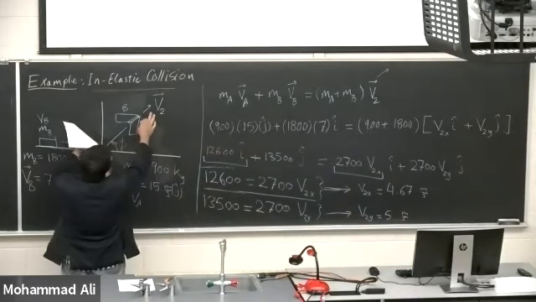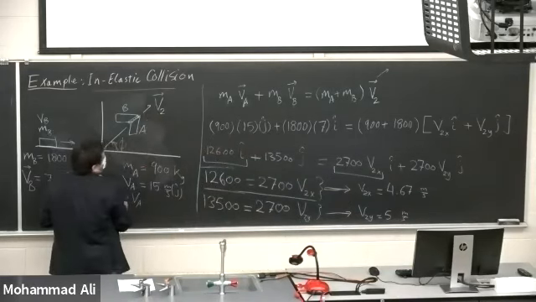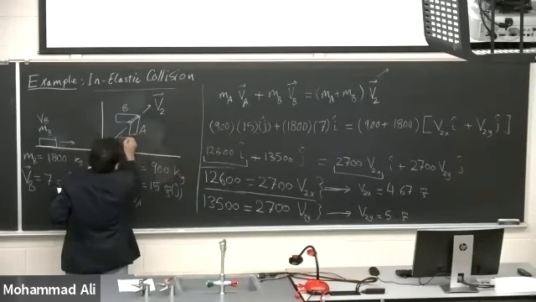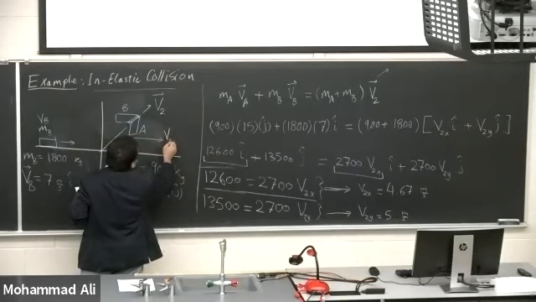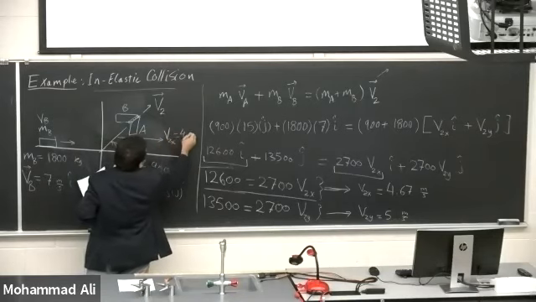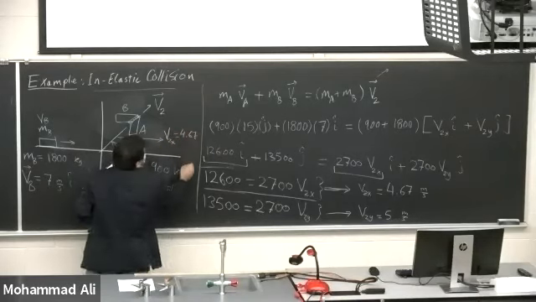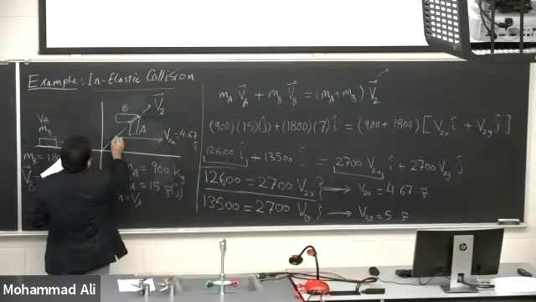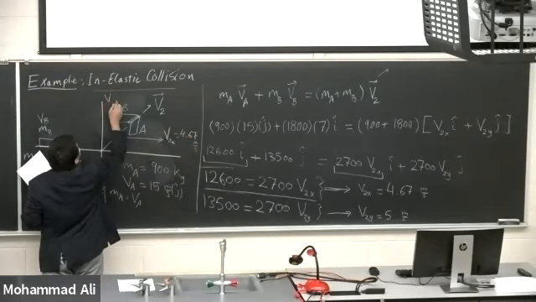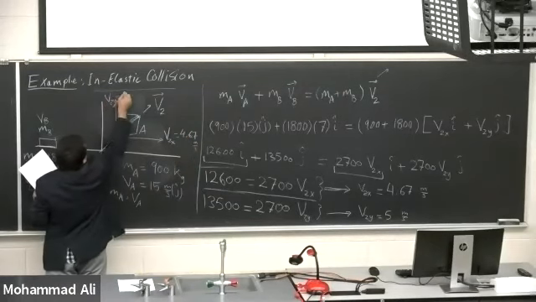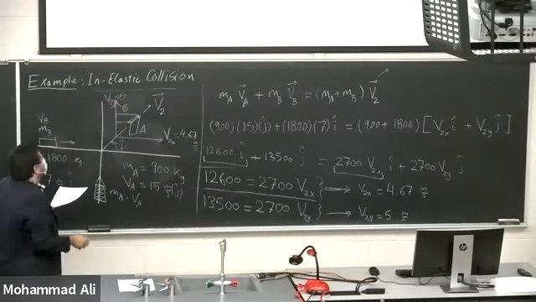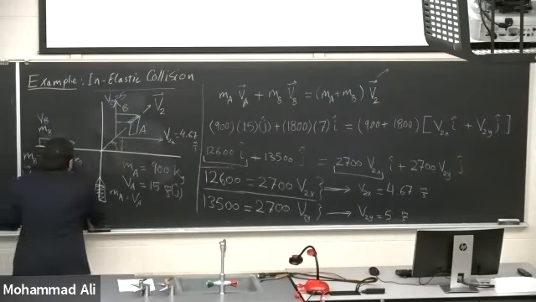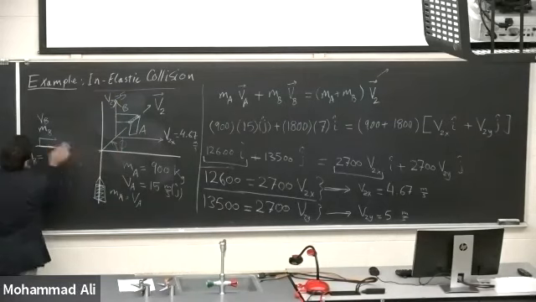Now we find the components for V2. In the x direction, V2 is equal to 4.67 meters per second, almost 5, and also 5 in the y direction. We need to find this angle phi. We did this many times before.